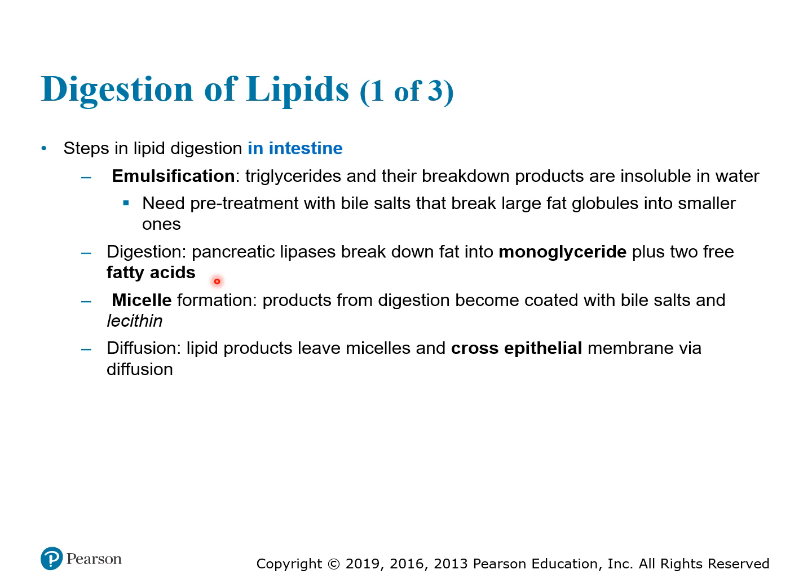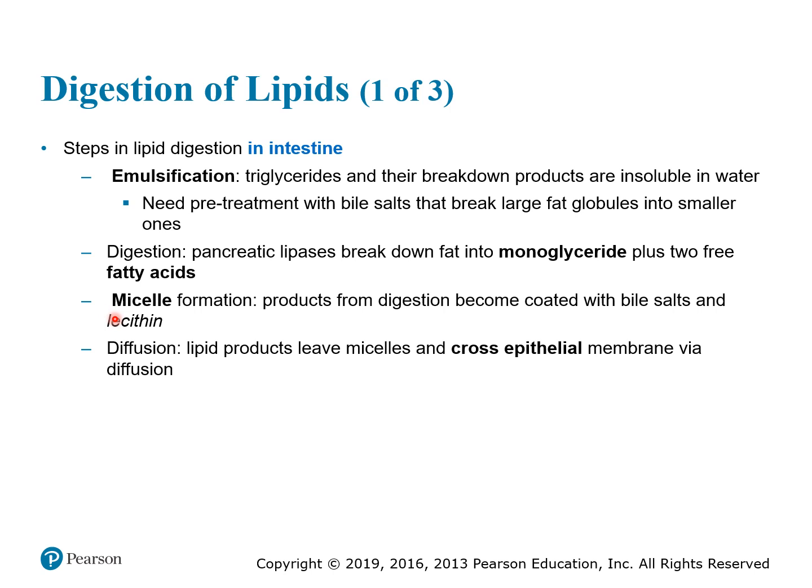Before that, the fat was one big molecule, and the pancreatic lipases were unable to act on it. So first the body coated it with bile salts, and the big fat molecule was broken down into smaller fat globules. Then the pancreatic lipase breaks down fat into monoglycerides plus fatty acids.